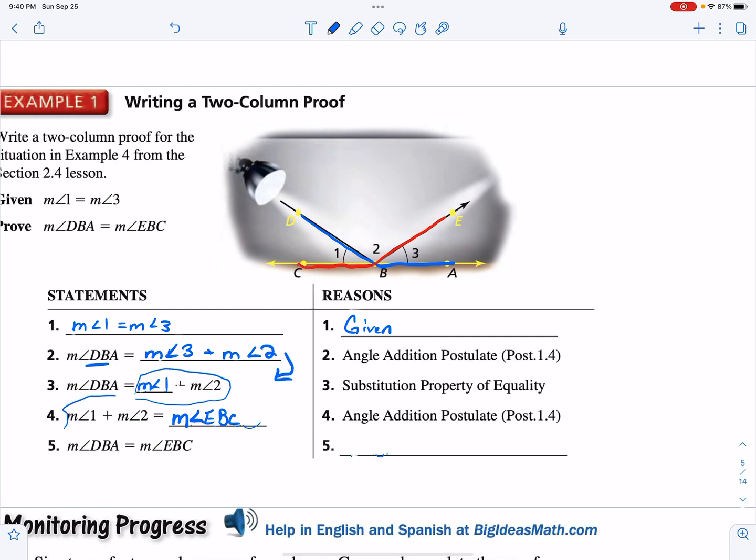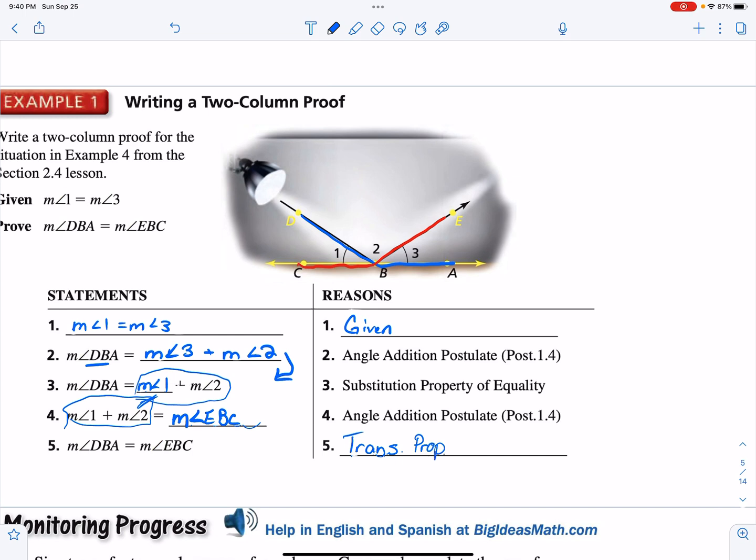I also have the measure of angle 1 plus the measure of angle 2 is equal to EBC. So using the transitive property, I can throw out this middleman, measure of angle 1 plus measure of angle 2, and just get my statement that I wanted to prove, that the measure of angle DBA is equal to the measure of angle EBC.